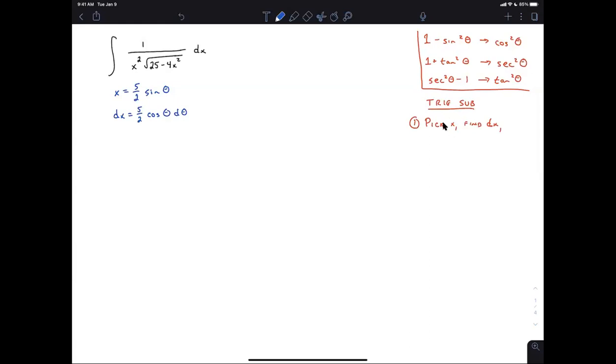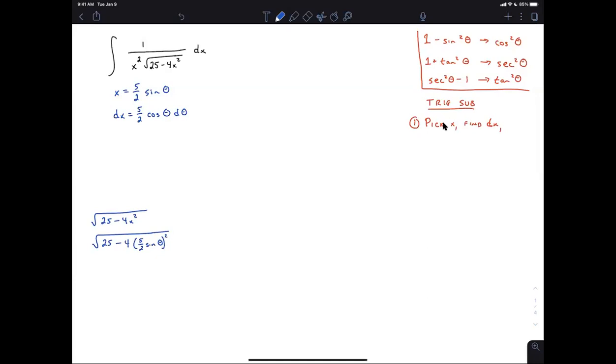Okay, and so then we're going to come over to the side and get rid of the square root. So down here on the bottom, I'm going to write the square root part. And we're going to do this like we were doing yesterday at the end of class. So we're going to replace x with whatever we chose. And now we're going to do the algebra and the trig to get rid of the square root.